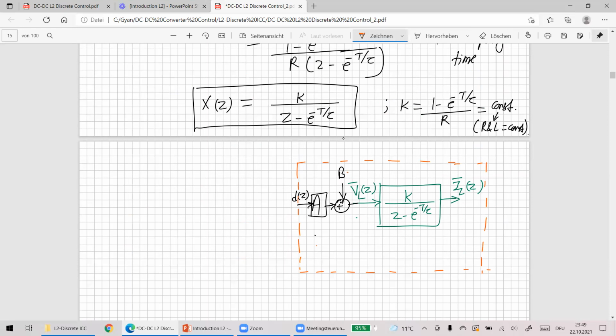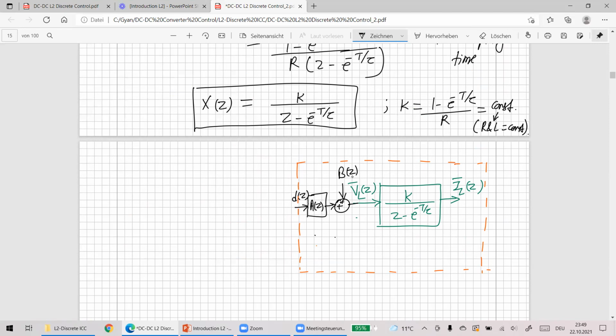And again, you should know that the values of A and B are basically the voltages, and for sure they should also be in the form of Z transforms. So these are also the sampled signals, the sampled voltages.